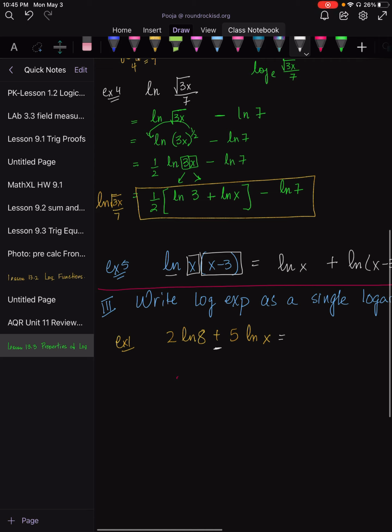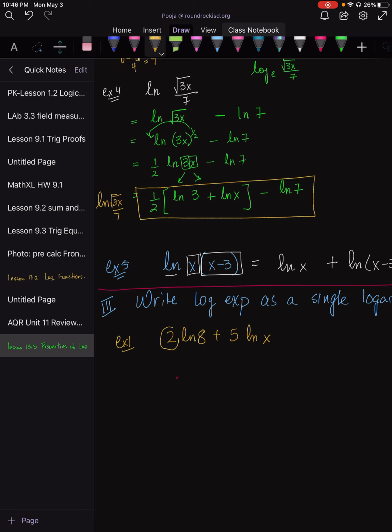Which means I can rewrite this as, and both of them are natural logs, so log. Oh, you know what? I have to take back a step here. Can't use that yet, because of the 5 and the 2. Instead, we would use property 3 first.